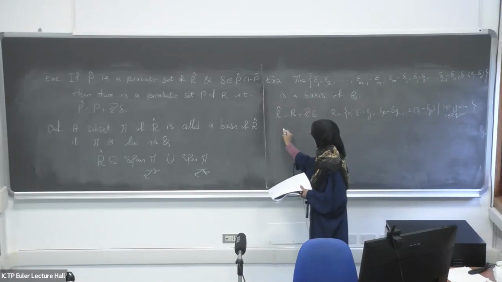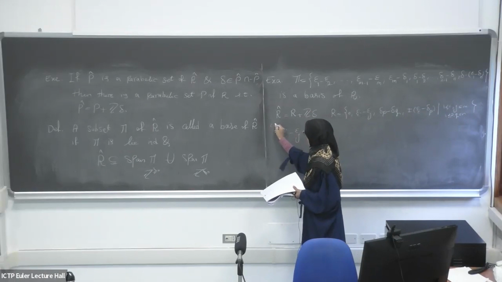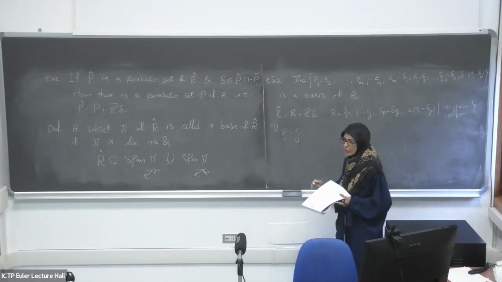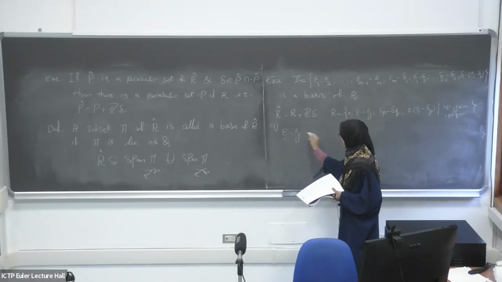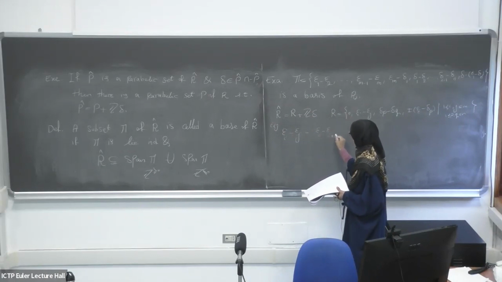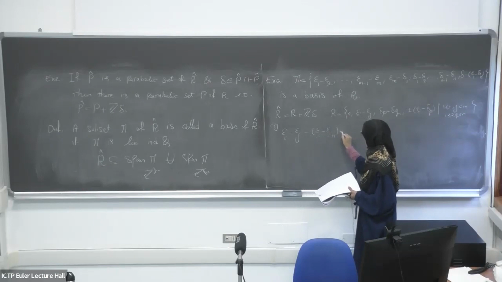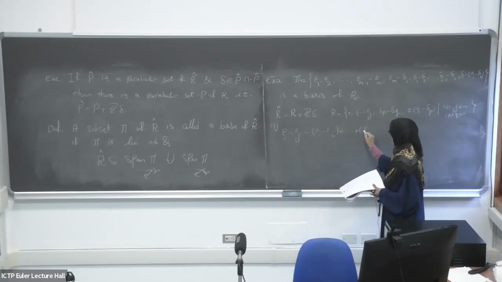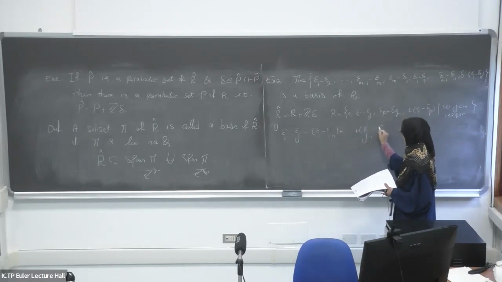Look at, for example, epsilon i minus epsilon j when i is less than j, okay? We can write it in this way: epsilon i minus epsilon i plus 1, up to epsilon j minus 1 minus epsilon j.